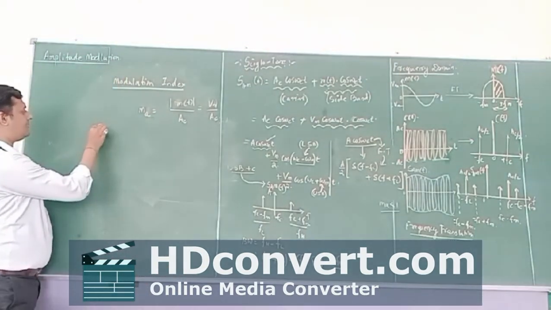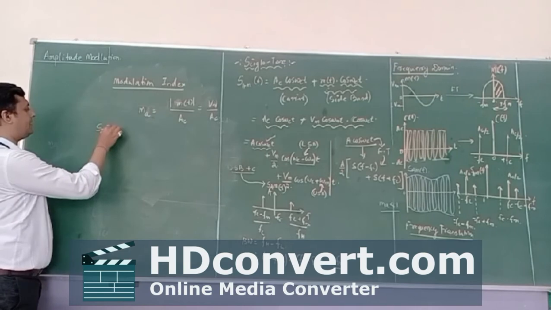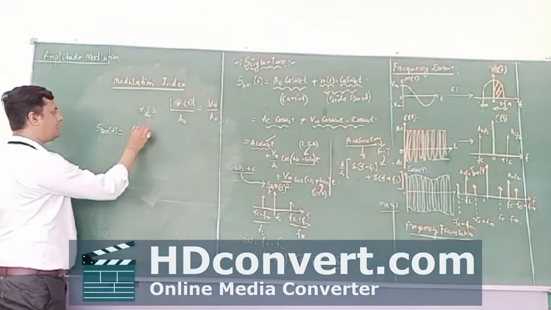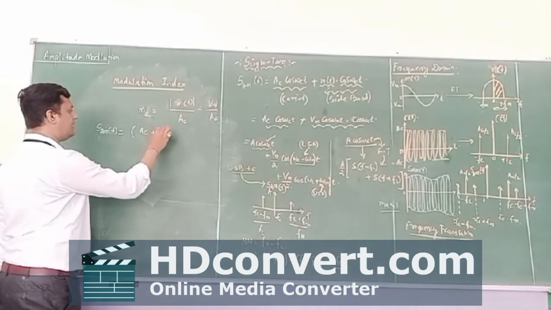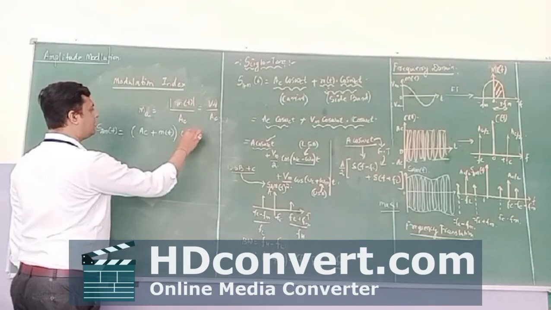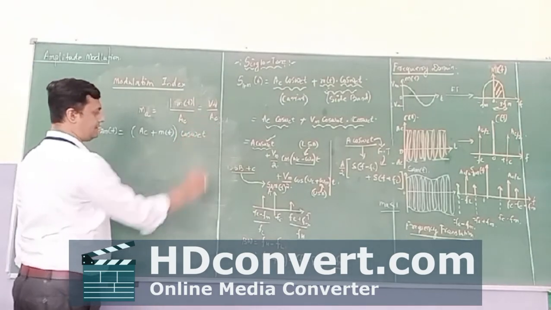So let us once again write S suffix AM of t equals AC plus m of t whole into cos omega t.